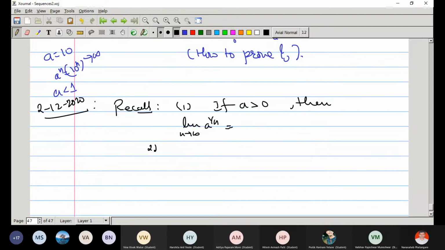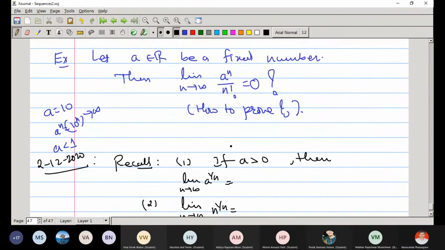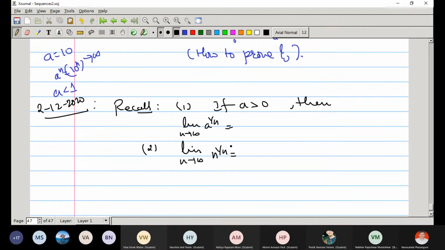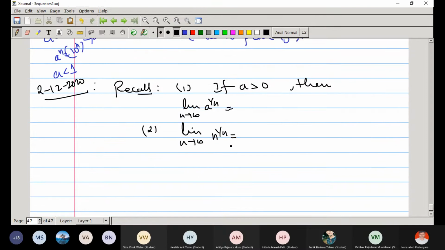What is limit n raised to 1 by n as n tends to infinity? 1, right?